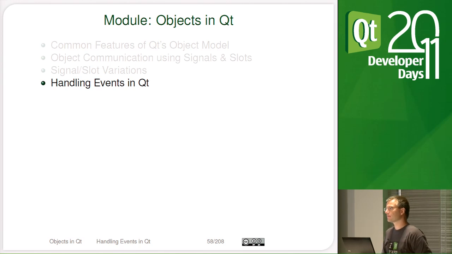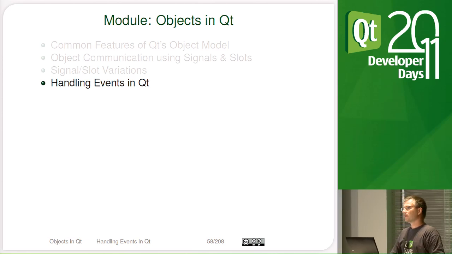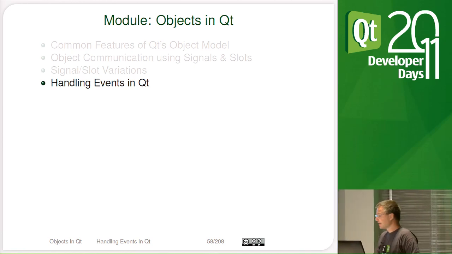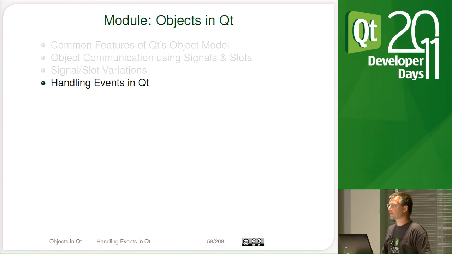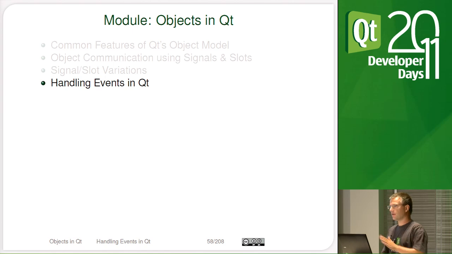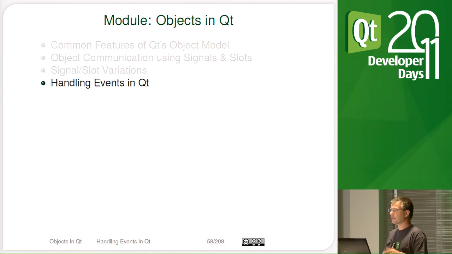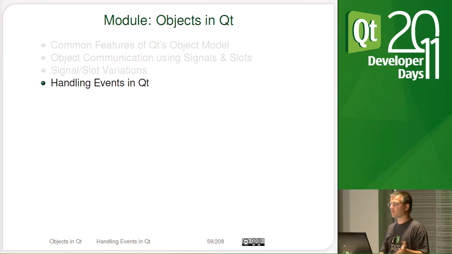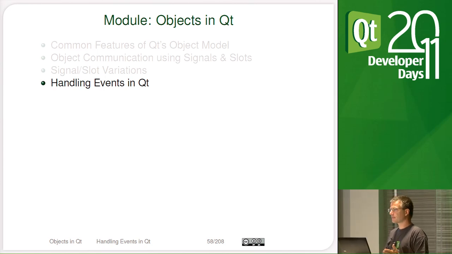Is there a way to check the correct parameters of the signals and slots? So the question was if there is a way to check the parameters. And the answer is the connect function will have a return value, which is telling you whether the connection has succeeded or not. So it's always a good thing to make an assertion around this return value so that you immediately see that the connection failed. Otherwise, if you don't do that, the program will just continue, but your signal slot connection has not been established, and you will not see that immediately.